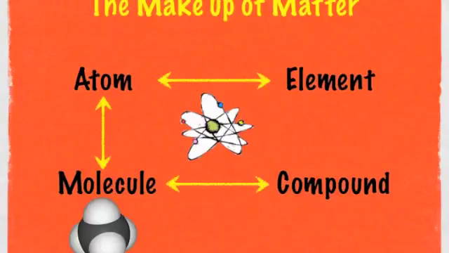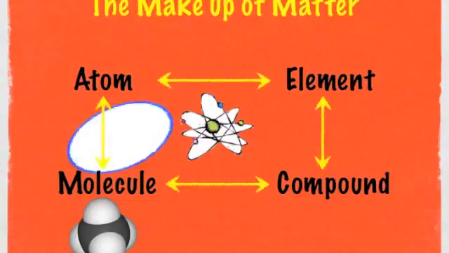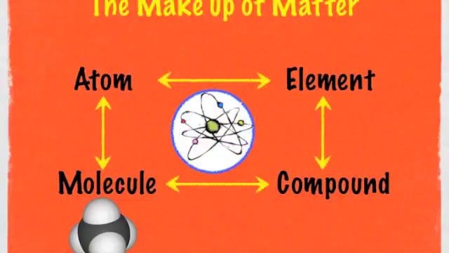Another purpose is for you to understand the relationship between a molecule and a compound, and obviously the relationship between an element and a compound. But the center of focus of our study for the next couple of months is going to be the atom. So let's take the atom first.